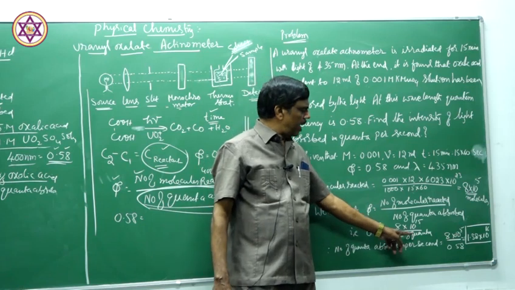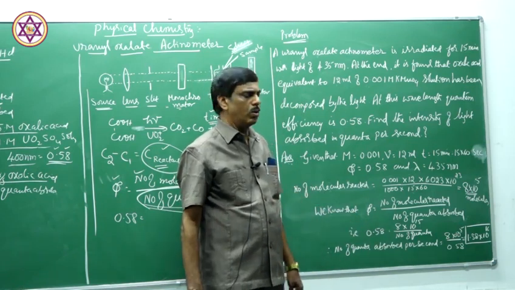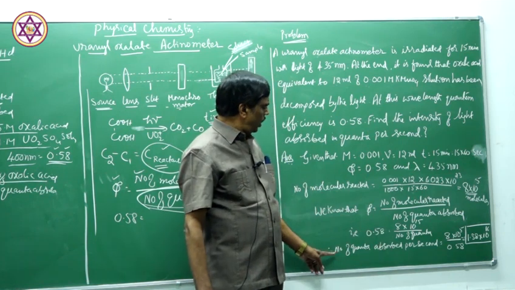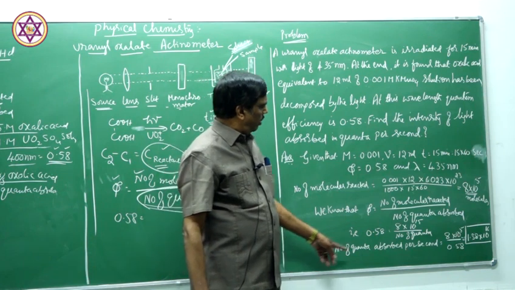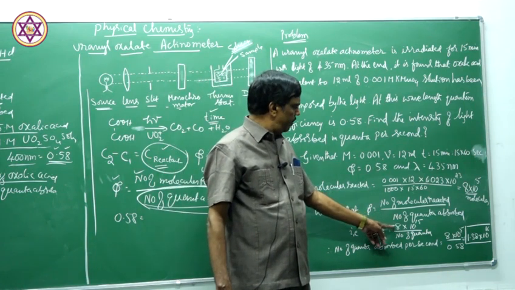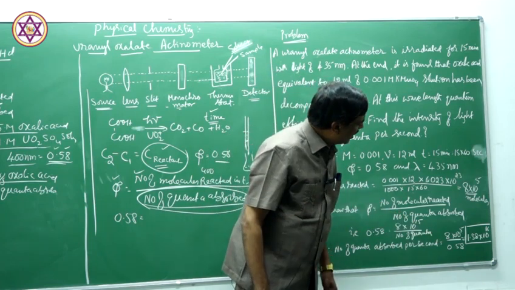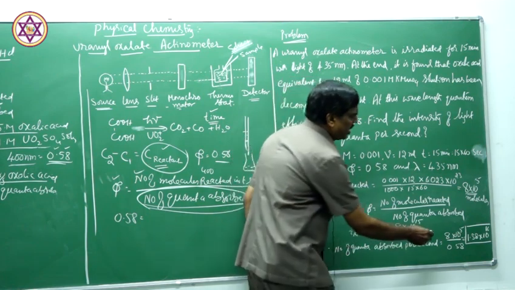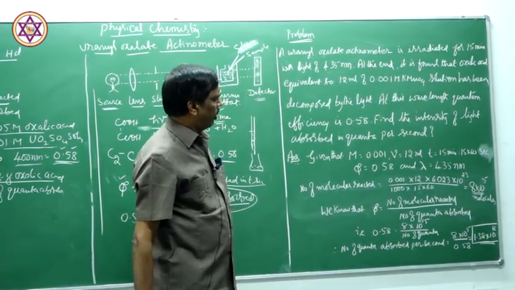So, number of quanta of radiation absorbed is equal to 8 into 10 to the power of 15, that is number of molecules reacted, divided by standard quantum efficiency 0.58, that becomes 1.38 into 10 to the power of 16 quanta.